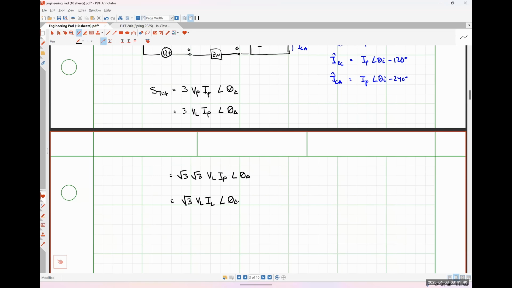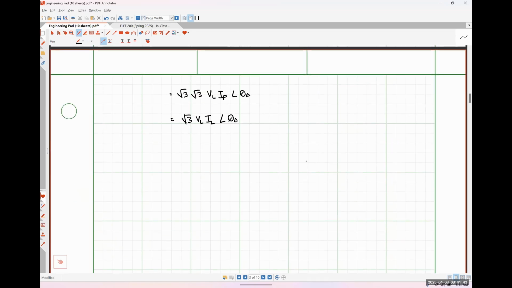Okay? So, summarizing here, then, we can say that the total complex power absorbed in a three-phase system is either going to be expressed as 3 times VP IP with an angle of, now I'm just going to call this theta Z, where this is just the angle of the impedance. I do not care whether it is a Y-connected impedance or a delta-connected impedance.